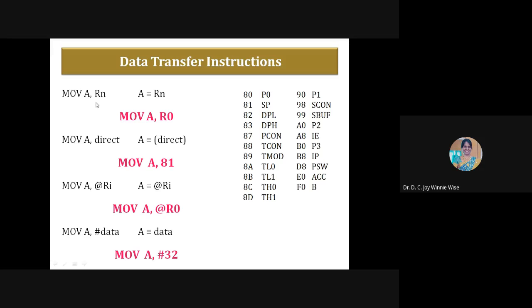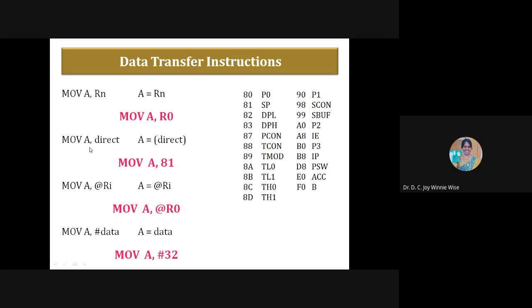In all these four instructions, the destination is the accumulator, and the sources are different: here it is the R register value, here direct, here @Ri, and here #data.